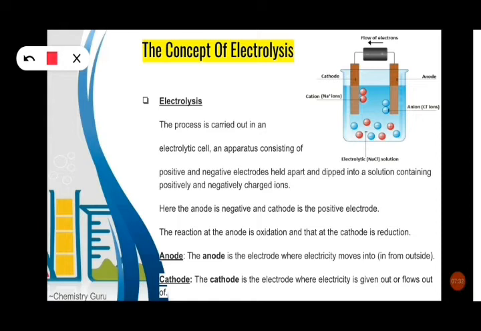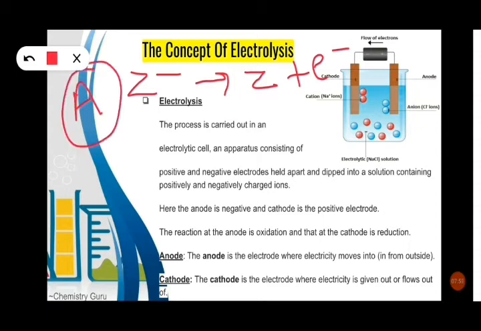Okay, and if I talk about the chemical reactions which are happening here, the oxidation and reduction. So oxidation gives Z plus 1 electron. Okay, so this is basically what is happening at the anode, right?